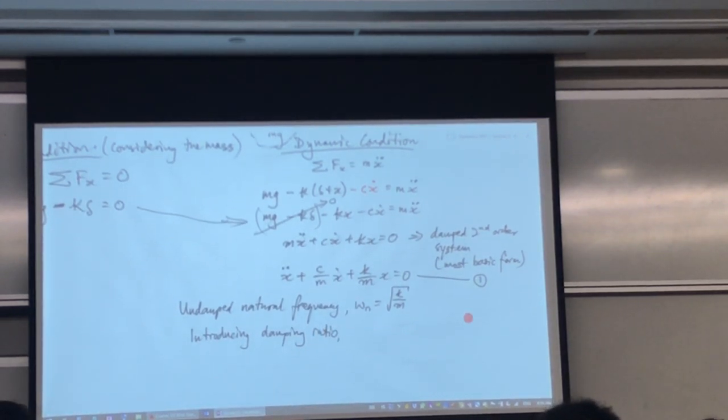So damping ratio is different from damping coefficient. So please do not mix up with these two. Damping coefficient, that's C, the C value. Damping ratio is this symbol over here. Correct? This symbol is called zeta.